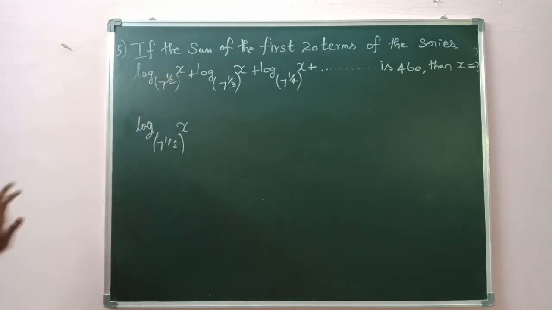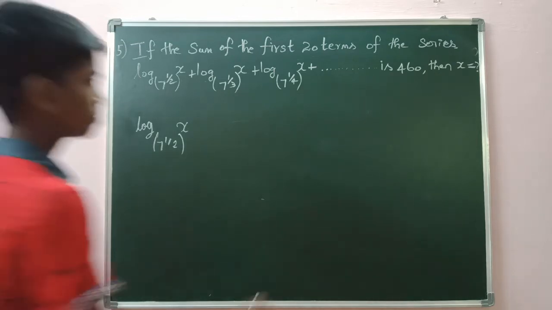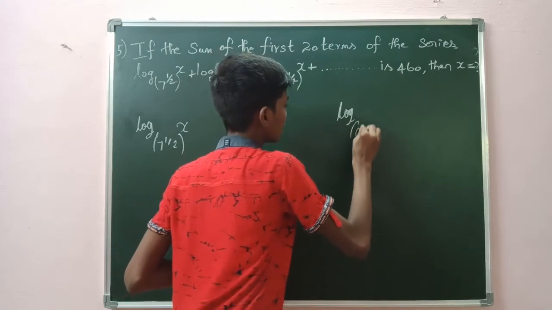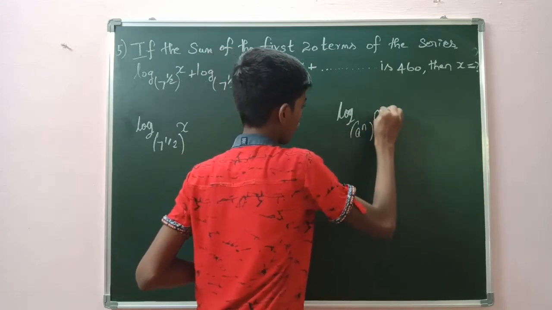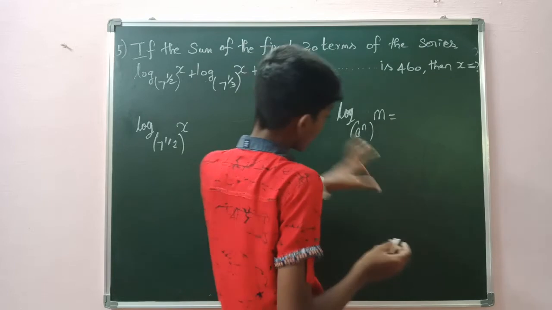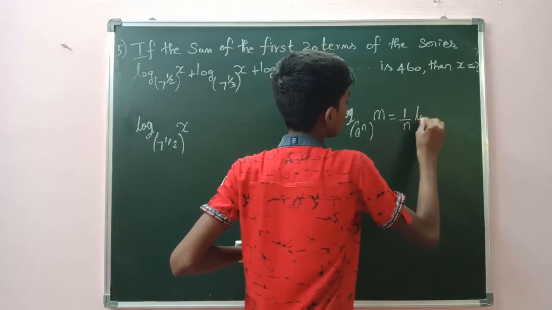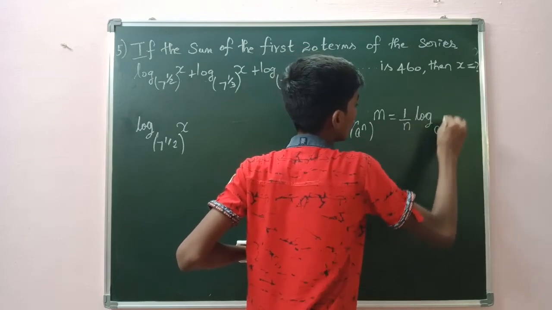Of this series, the first term is log to the base 7 power 1 by 2 of x. Now you know one property. Log to the base a power n of m can be written as 1 by n into log to the base a of m.